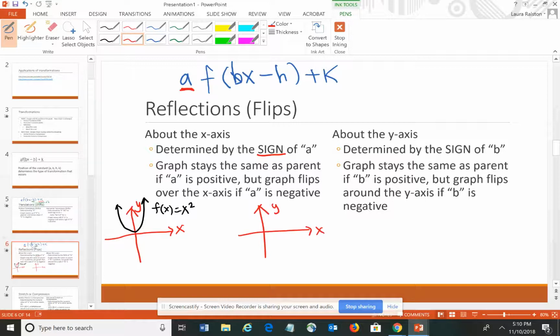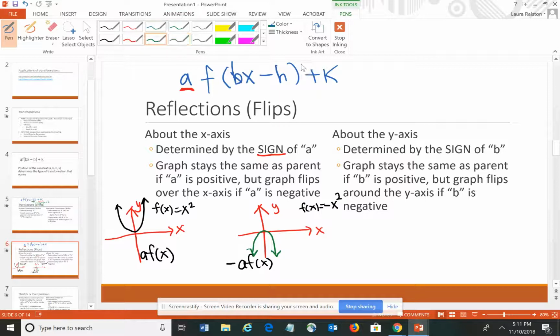okay, so this will be like having just plain old a times f of x. But if I put a negative, like negative a times f of x, so that I would have the equation f of x equals the opposite of x squared, what happens then visually is my graph flips over on the x-axis.